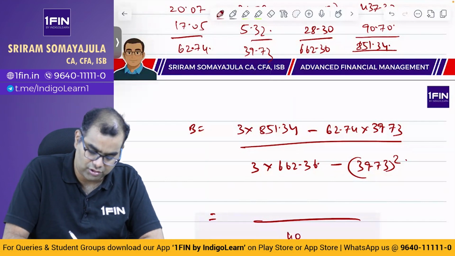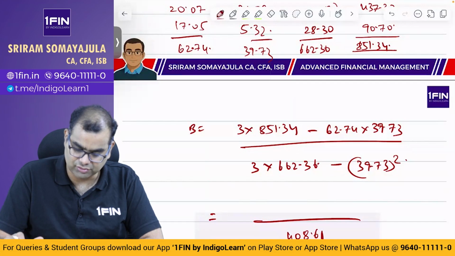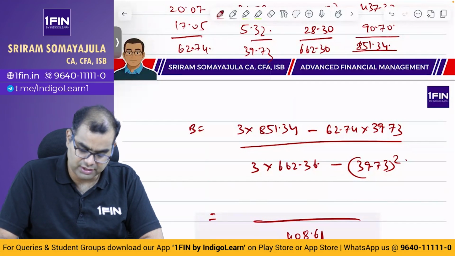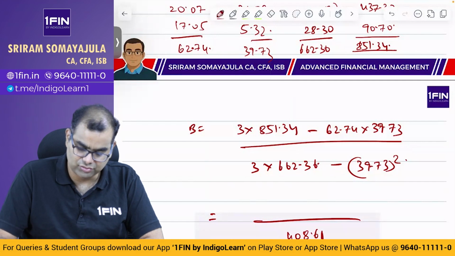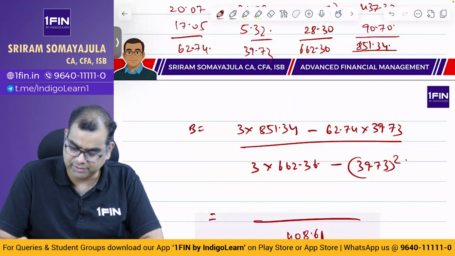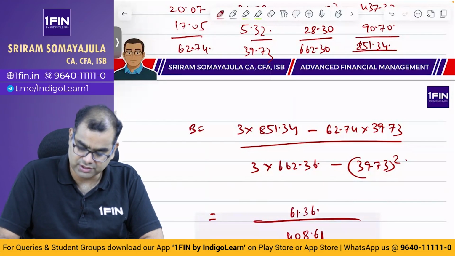Memory recall: 408.61. Numerator: 62.74 into 39.73, memory plus, and 851.34 into 3, memory plus. Memory recall, so I did it the other way round: 62.74 into 39.73 memory minus, and 3 into 851.34 memory plus. Memory recall: 61.36. So 61.36 divided by 408.61, you get 0.15.